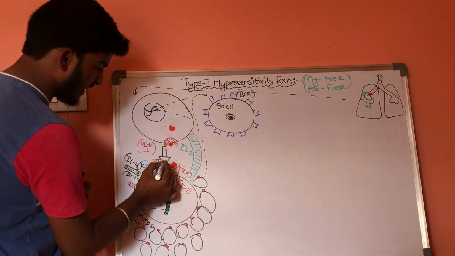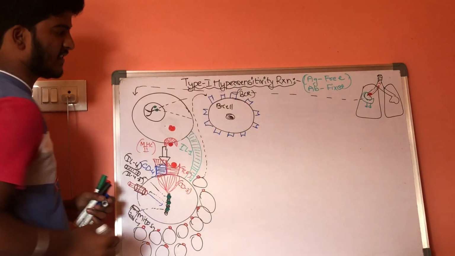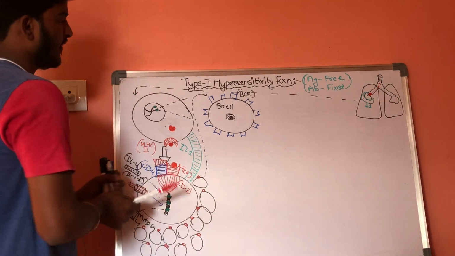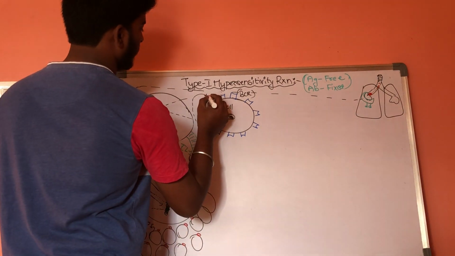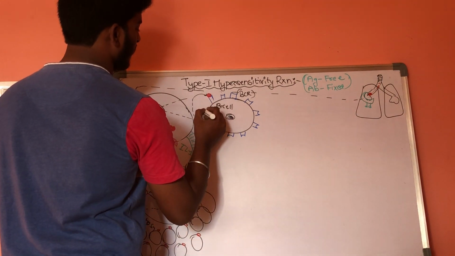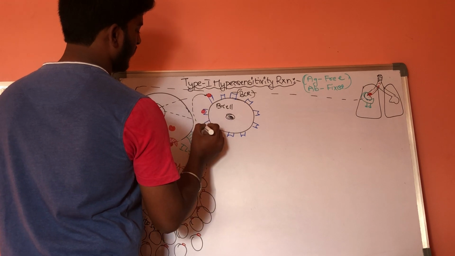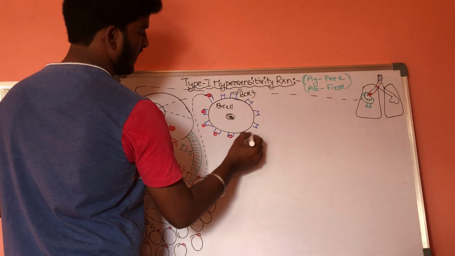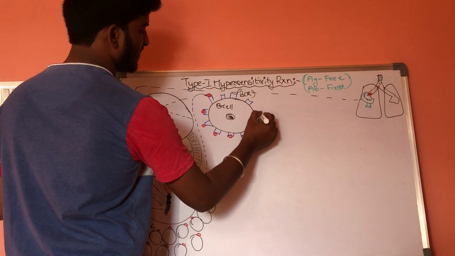These are called T cell receptors and these are called B cell receptors. Now, it will activate a special kind of protein on the B cell receptors. A special kind of protein will get attached.